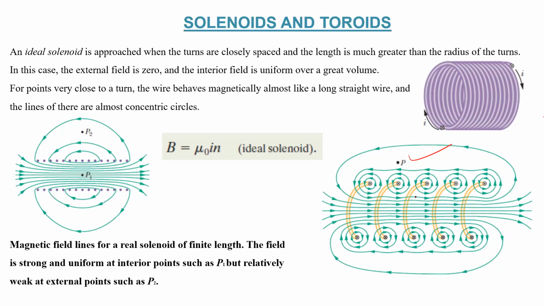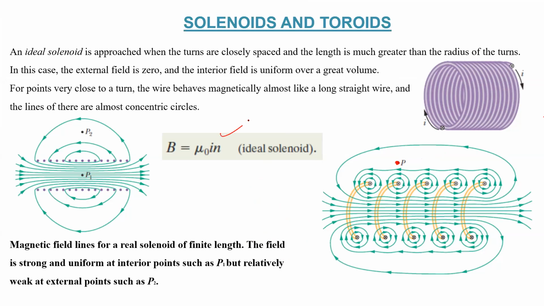For a particular straight conductor, the magnetic field is concentric and distributed in the space around. Similarly at one point a straight wire creates a magnetic field, at another point a circular concentric ring is created. Suppose we try to find out the magnetic field strength at this point P.